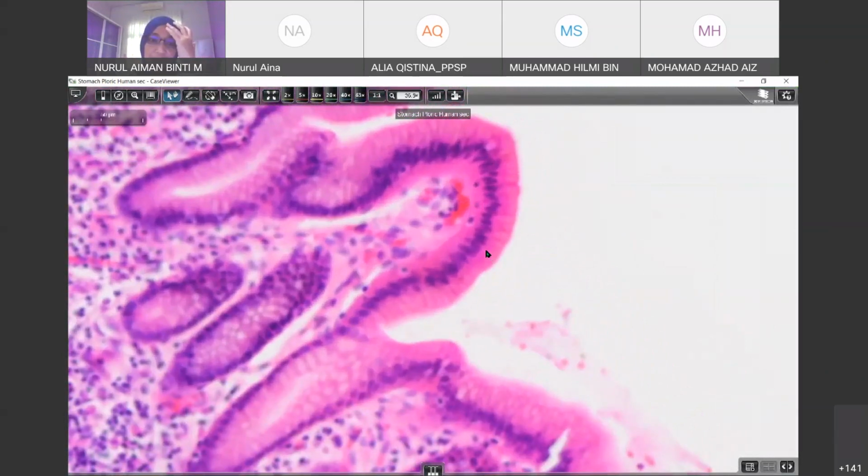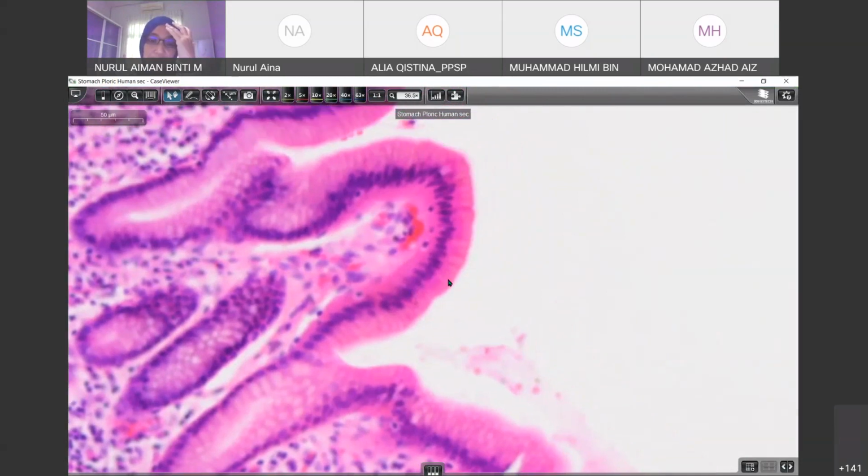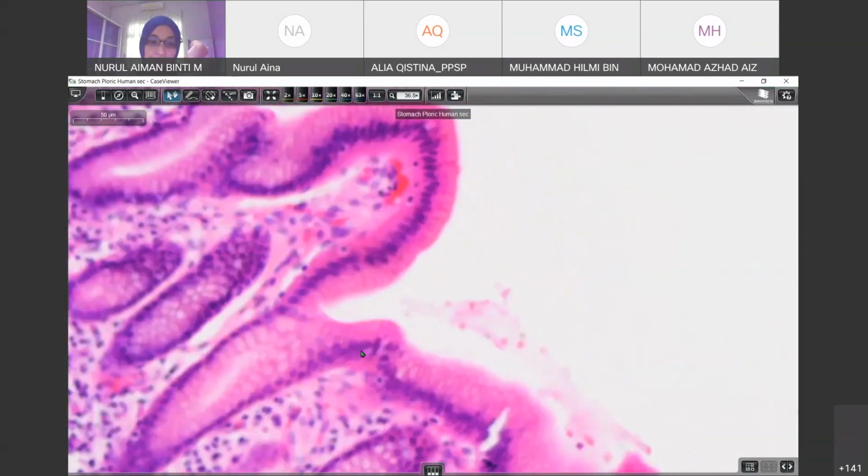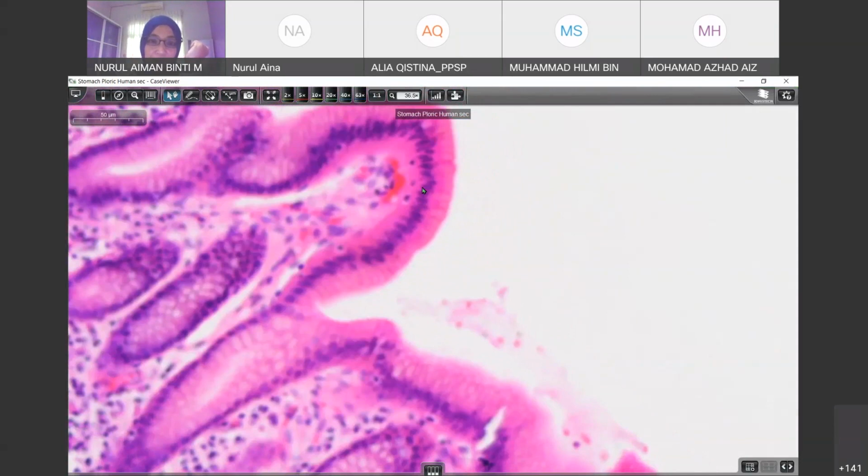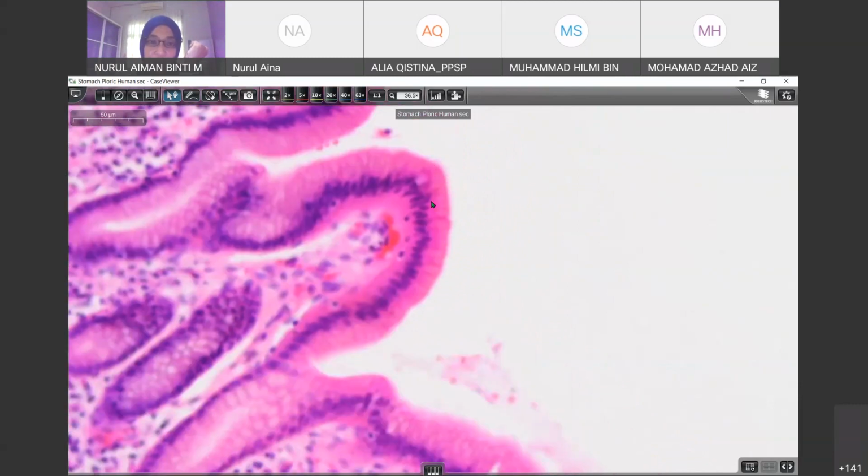Very nice. Can you see? Very nice appearance of the simple columnar epithelium. All the nuclei are at the same level. This is the basal lamina. This is the apical portion where they have a lot of cytoplasm. They have cilia, very small but not very clear.